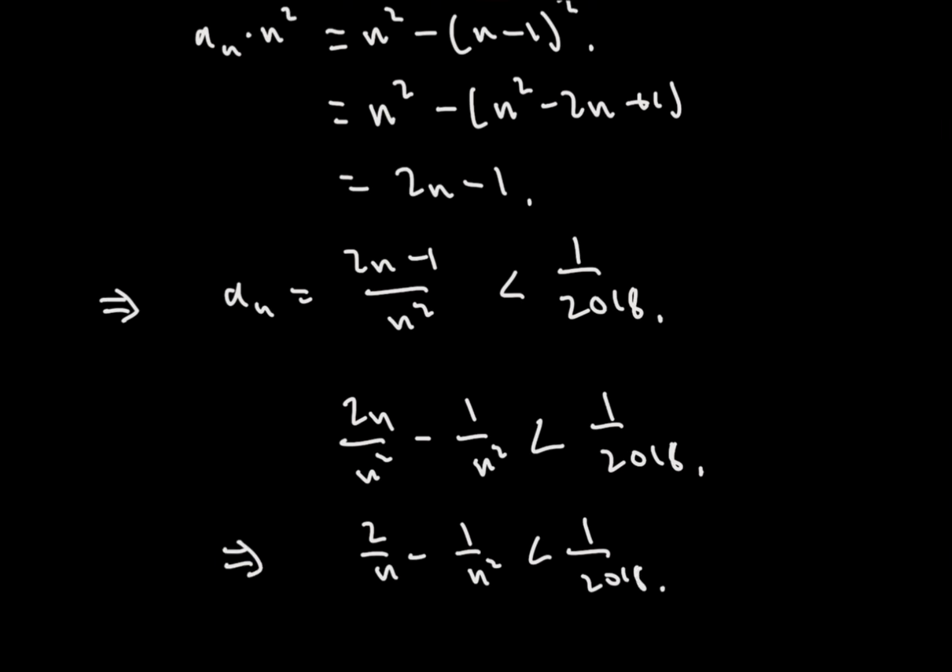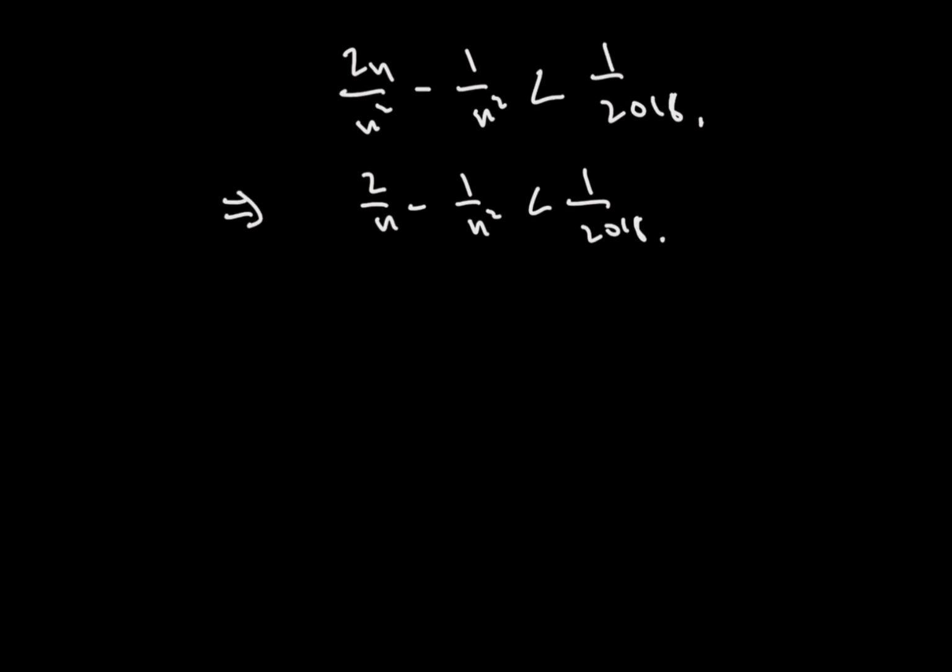We see that for high values of n, this term goes to 0 very fast, and so we really only have to consider our 2 over n term. We note that 2 over n minus 1 over n squared is less than just 2 over n by itself. And I hope you can see where we go from here.